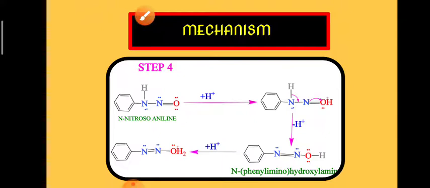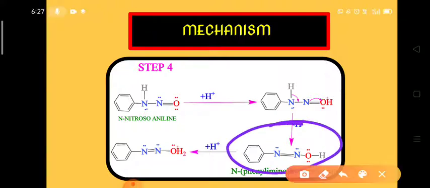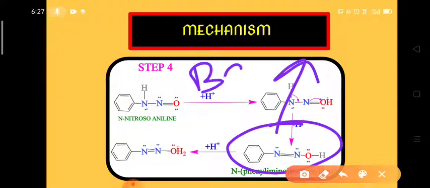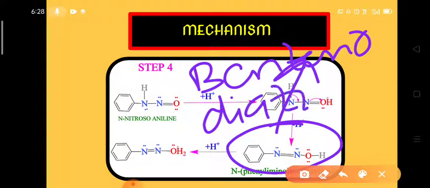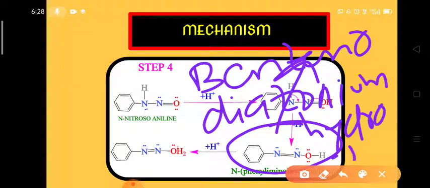In the fourth step, this N-nitroso-aniline undergoes protonation and deprotonation and again protonation. When this N-nitroso-aniline undergoes protonation and deprotonation consequently, we get a new intermediate which is called the benzene diazonium hydroxide.